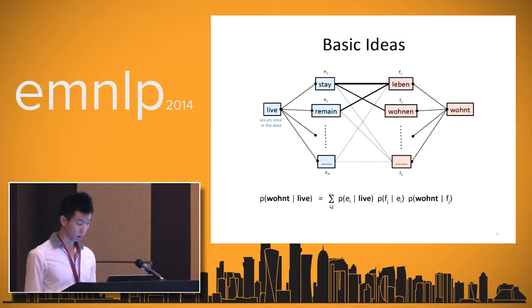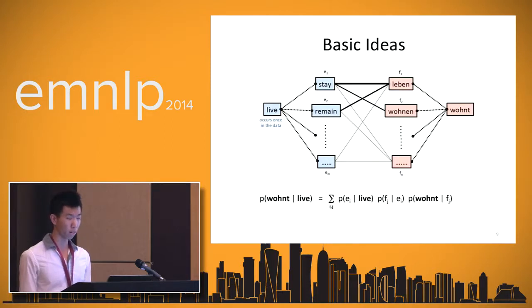The equation is also shown at the bottom of the slides. In this paper, we use this intuition and redefine the existing lexical translation model. This work is simply a method to enhance the word alignment models by redefining the lexical translation model.